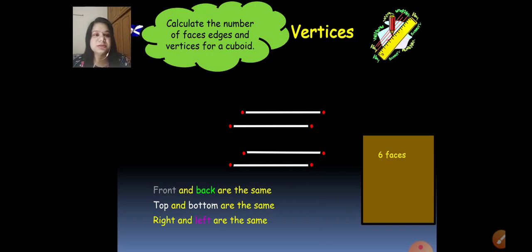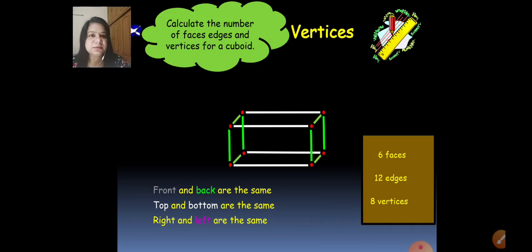These are 4 edges I have drawn till now, then next 4, and then next 4. So our cuboid is done, right? You can count 4 plus 4 plus 4. How many total edges do we have? There are 12 edges of a cuboid. And you can count the corners again with the red dots. These are the corners, vertices of the cuboid. So we have total 8 vertices, right?